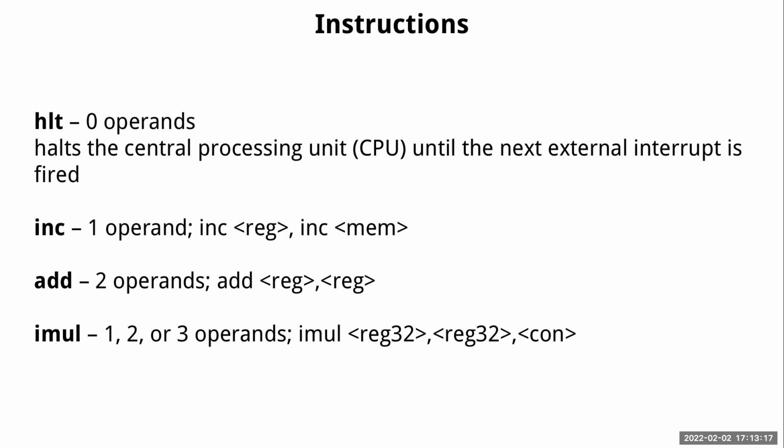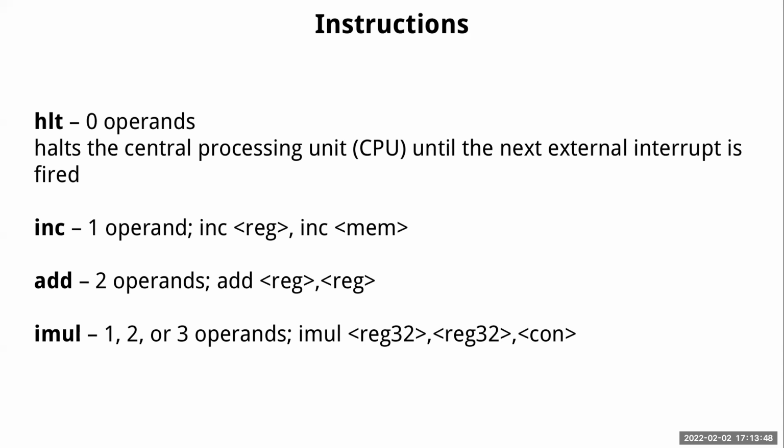So this instruction doesn't have any argument, just the name. Then there's another instruction, INC, which means increment. This instruction can take a register or a memory location. It will increase that register's value by 1 or increase the memory location value by 1. So it takes 1 argument.